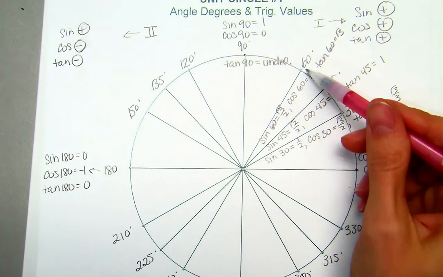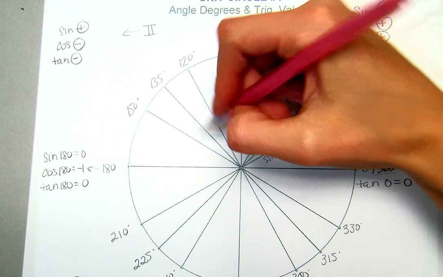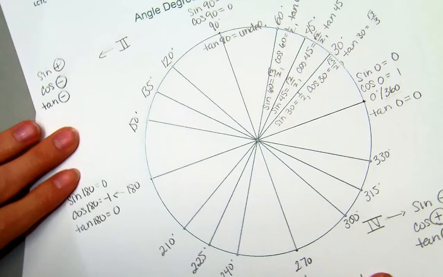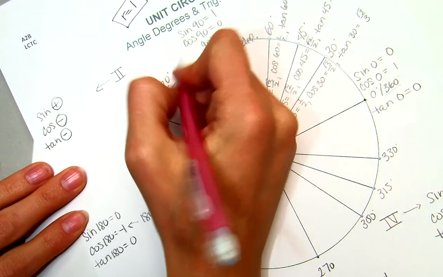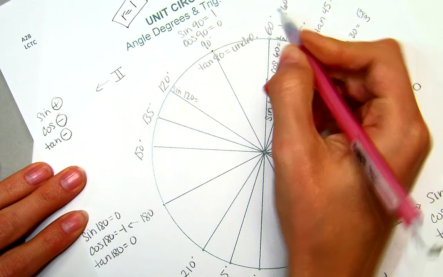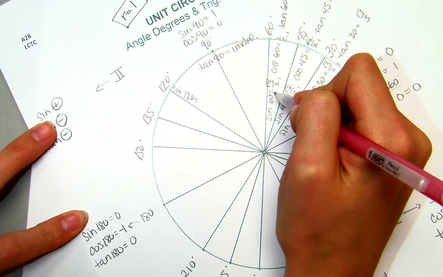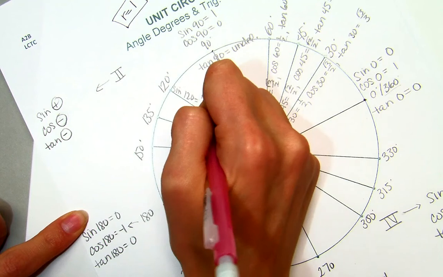So if we take 60 over 120, I'm going to write this kind of sideways. I'm actually going to rotate it to kind of write it. So I'm going to take 60 laid over 120. So I know that the sine of 120 is equal to the exact same value that 60 would be, and it's going to stay positive. So I'm going to get square root of 3 over 2.